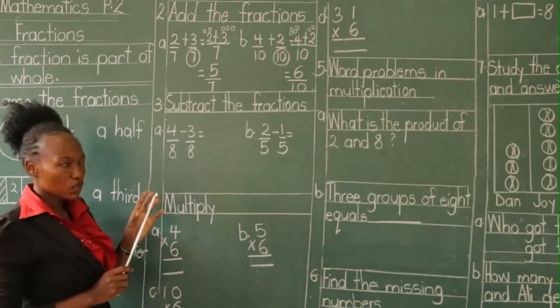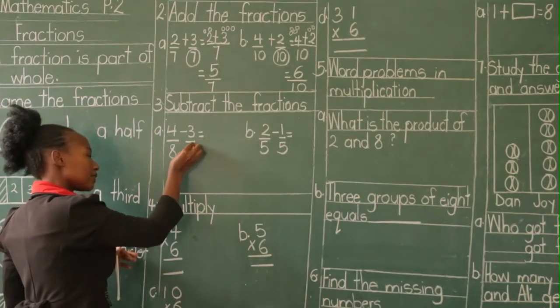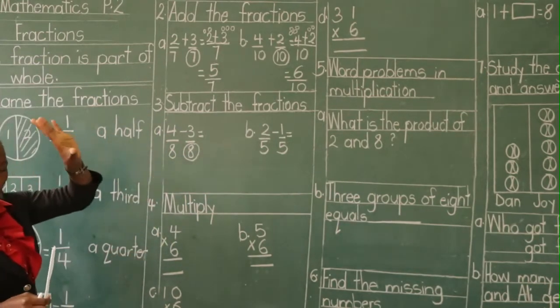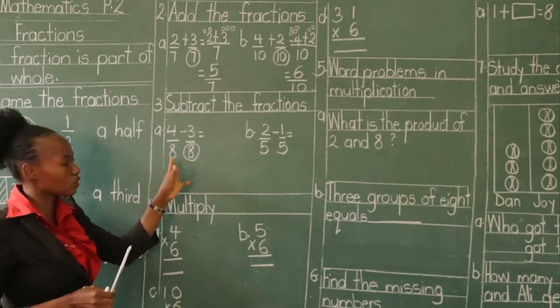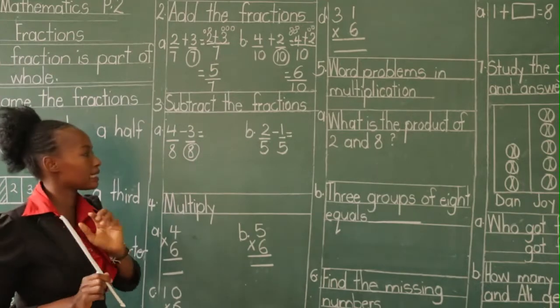As we did in addition, we also circle one denominator. Because they are the same, we don't subtract them. These denominators, we don't touch them. Just circle one, just move on with just one denominator.